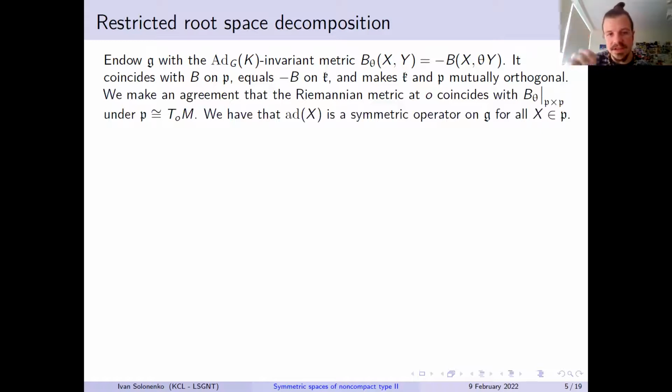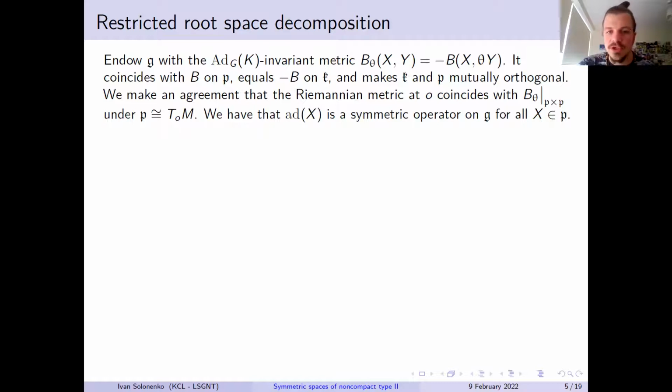And now we make this standard agreement, which was mentioned last time as well, that the Riemannian metric at O, which is an inner product on T_O M, coincides with the restriction of this B theta to 𝔭. So 𝔭 and T_O M are identified, and we agree that the Riemannian metric is not just absolutely arbitrary, but it comes from this inner product. This is a standard assumption.